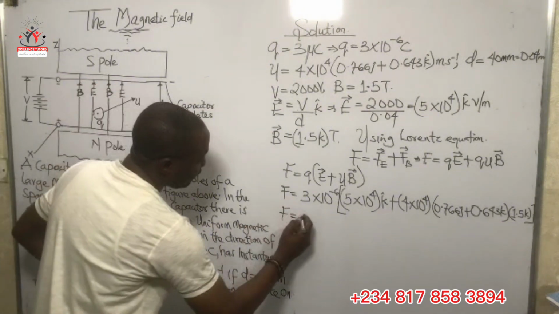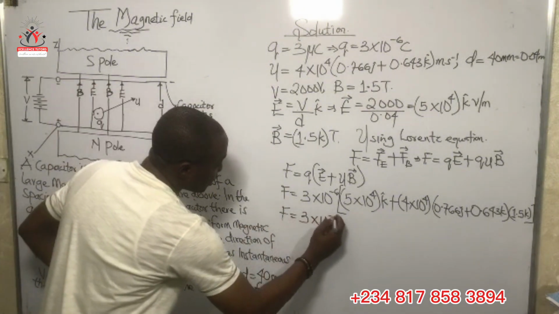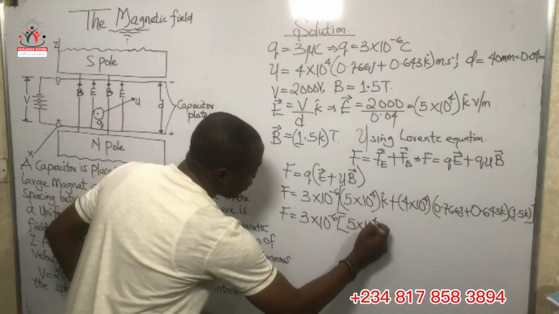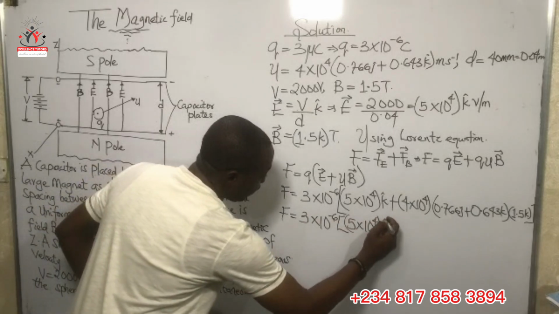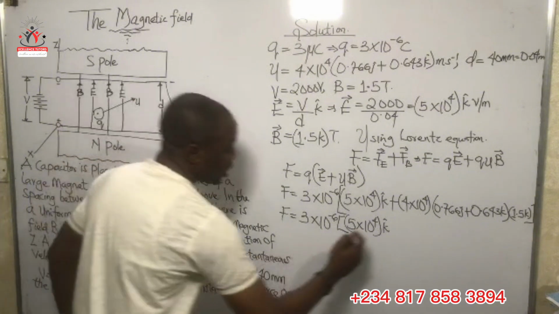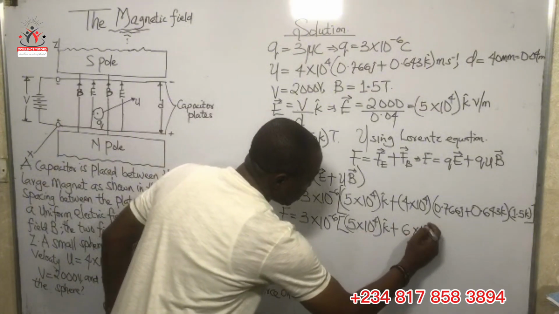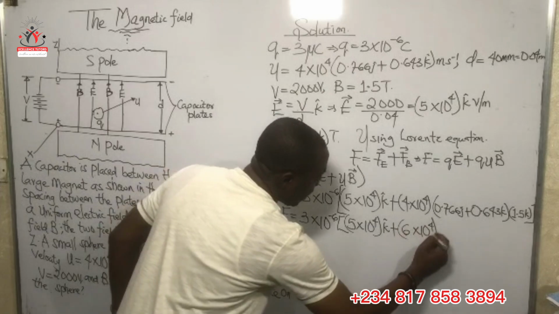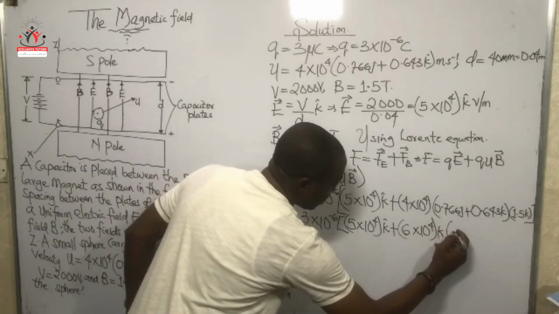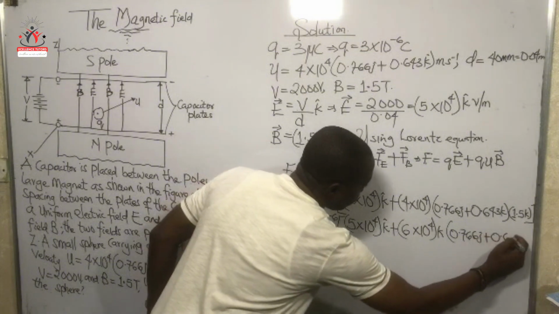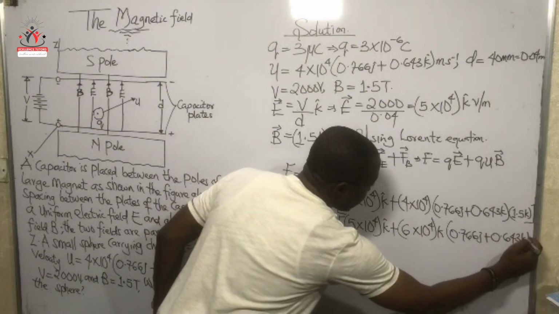So we then have F equals 3 times 10 raised to the power of negative 6, then 5 times 10 raised to the power of 4, with the unit vector K in the direction of Z, plus 6 times 10 raised to the power of 4 K, then in brackets 0.766J plus 0.643K.